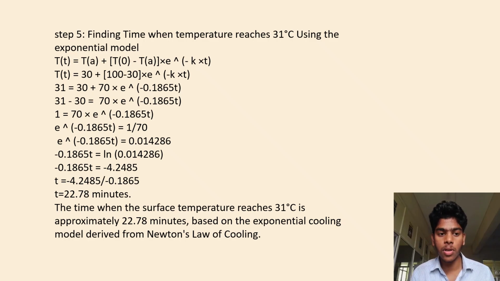If we put in all the values, we get t equal to 22.84 minutes. So our final answer is that the time when the surface temperature reaches 31 degrees Celsius is approximately 22.84 minutes, based on exponential cooling derived from Newton's law of cooling.